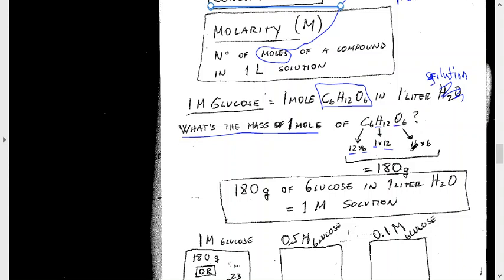And the atomic mass of oxygen is 16, and there are 6 of those in 1 molecule of glucose, which gets you an atomic mass of 180. So this gets us 180 grams of glucose in a 1 liter solution, which is a 1 molar solution of glucose.